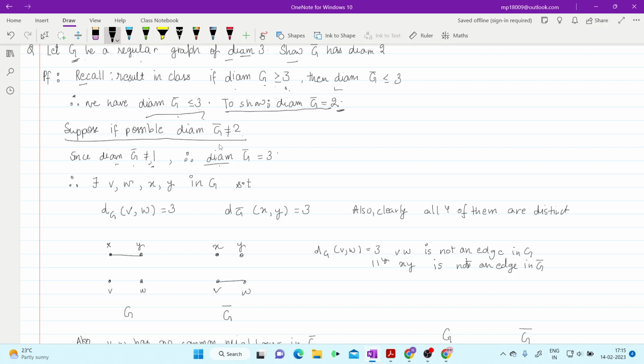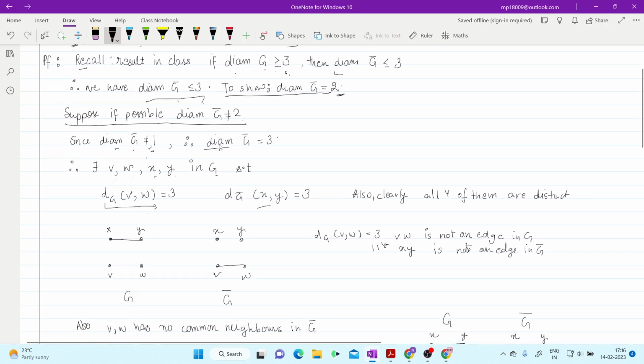So if diameter of G is equal to 3 and diameter of G bar is equal to 3, we can find four distinct vertices V, W, X, Y in G, such that the length of the shortest path between V and W is 3 in G, and the shortest path between X and Y in G bar is also 3. So now we want to look at all the possible relations these four vertices can have with each other.